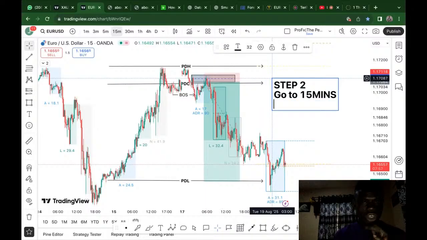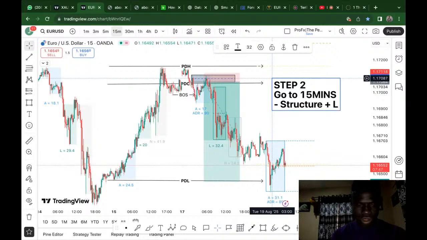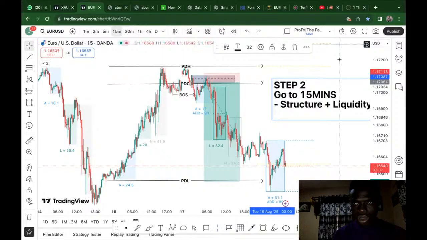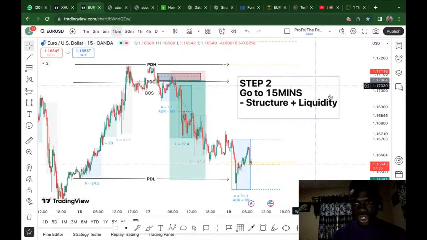Structure and liquidity. We want to know our structure with liquidity, which gives us a refined direction. We want to know the location we are buying from.